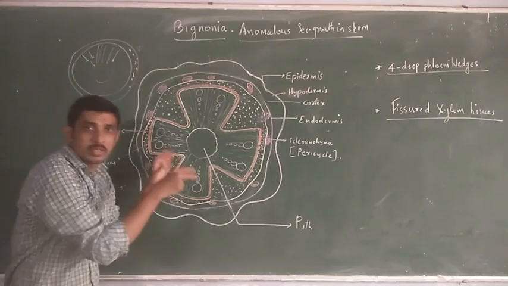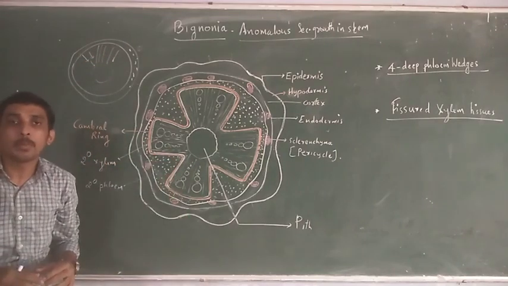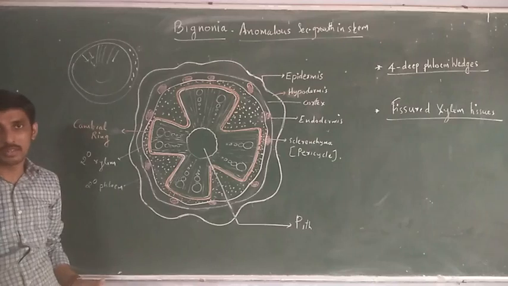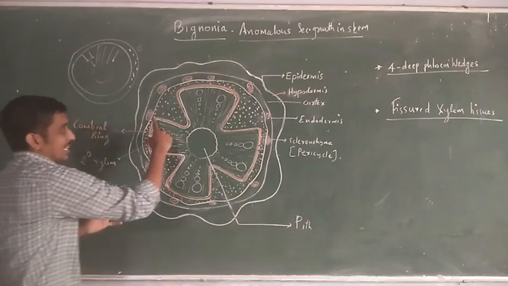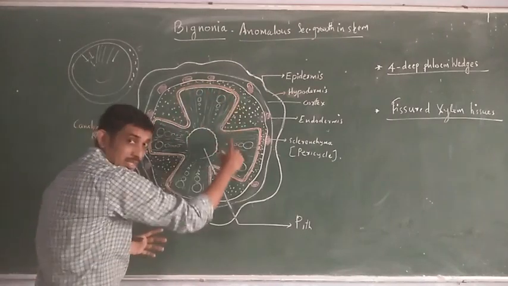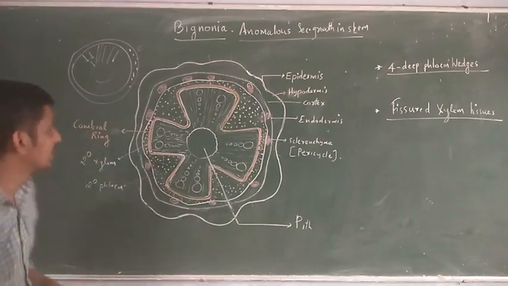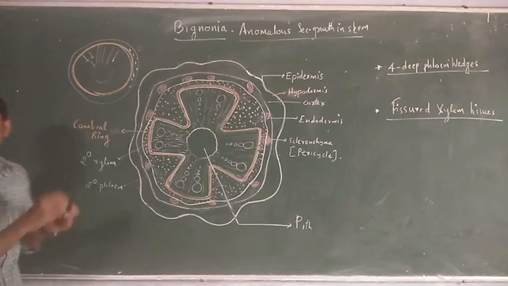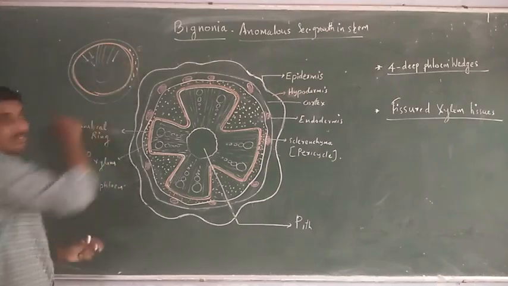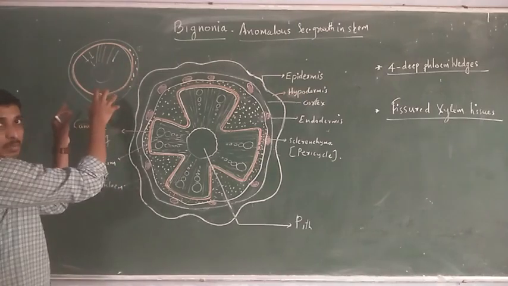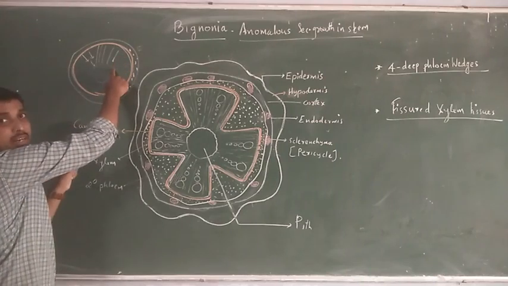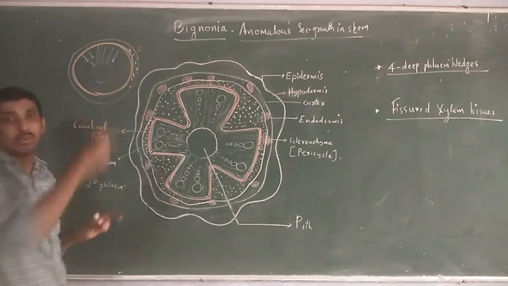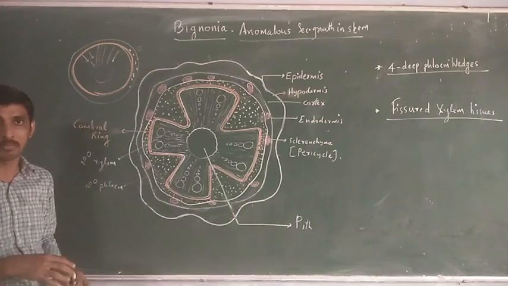In case of Bignonia stem also, during the initial stage of secondary thickening, this yellow or orange colored cambial ring exists like a ring. And that cambial ring produces more amount of secondary xylem towards inside and less amount of secondary phloem towards outside.